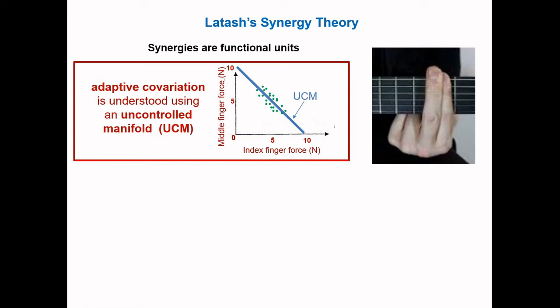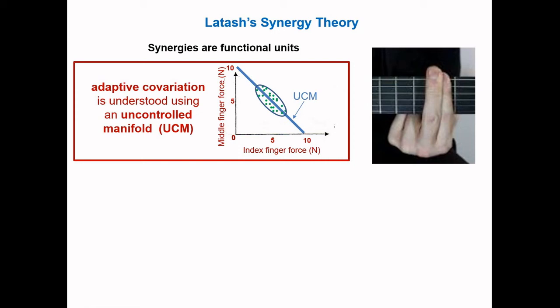What we do see, though, is that the various combinations of forces tend to fall along the line. We can summarize the data here by drawing an ellipse around the data. If the person is performing the task well, then the ellipse will be aligned to the UCM, and it will be narrow. According to Latash, adaptive covariation is a hallmark property of functional motor behavior.